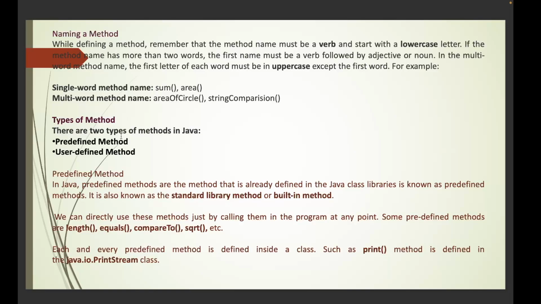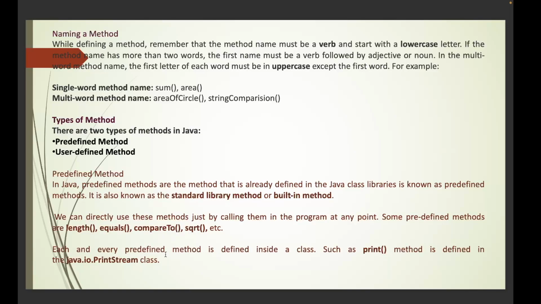Types of methods. There are predefined methods in Java and there are user-defined methods. Predefined methods are the built-in methods which can be directly used for our different operations. We can just directly use these methods by calling them in the program at any point. Some predefined methods are length, which is used to calculate the length, equals, that is to compare, compareTo, and sqrt for calculating the square root.